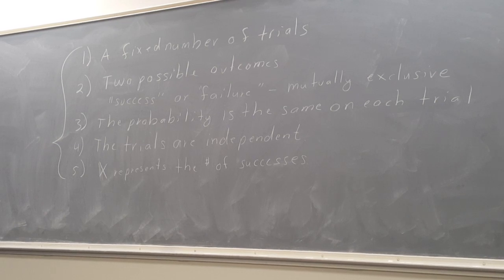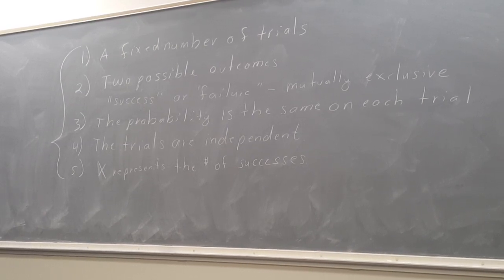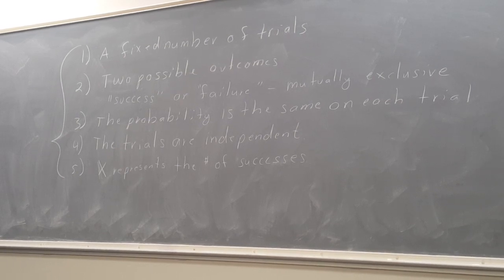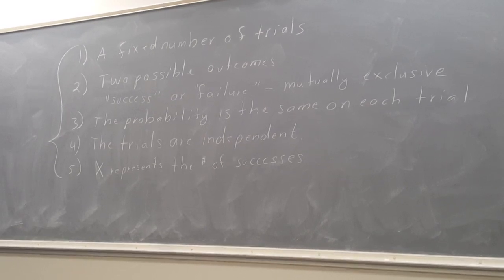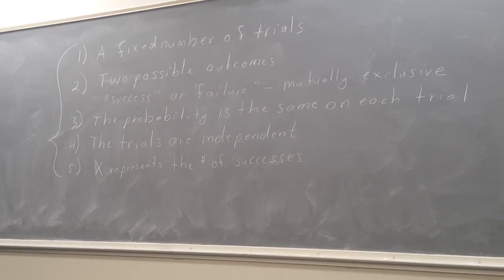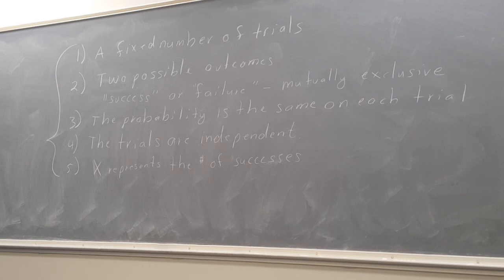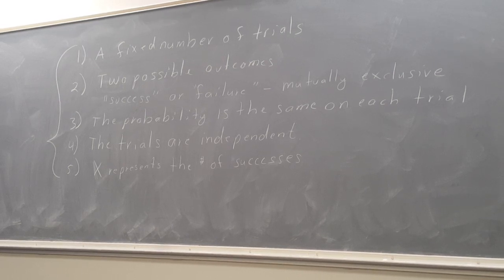Again, we have 10 cards in the box. And the question is, is this a binomial experiment? So look down the list and see does it meet all the criteria. One, in this example, is there a fixed number of trials? How many cards are you drawing? 3.